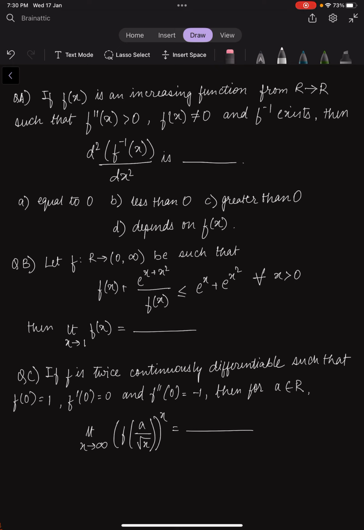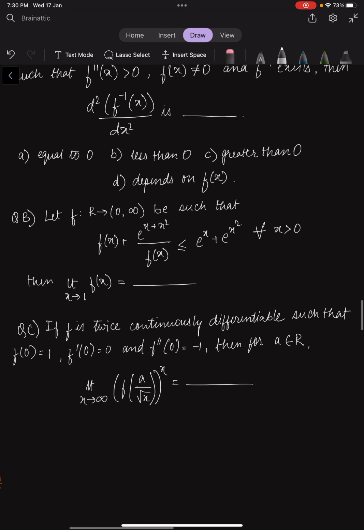In the third question, if f is twice continuously differentiable such that f of 0 is equal to 1, f dash of 0 is equal to 0 and f double dash of 0 is equal to minus 1, then for all a belongs to R, that is, real number, we have to find the limit as x tends to infinity of f of a under root x, whole to the power x.